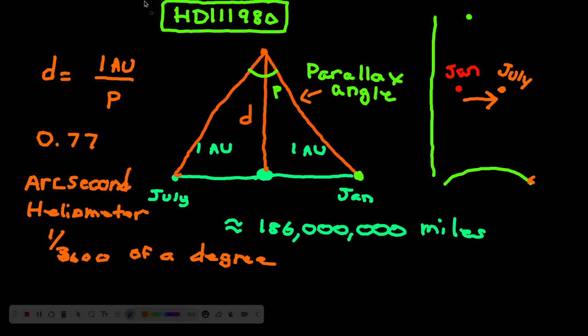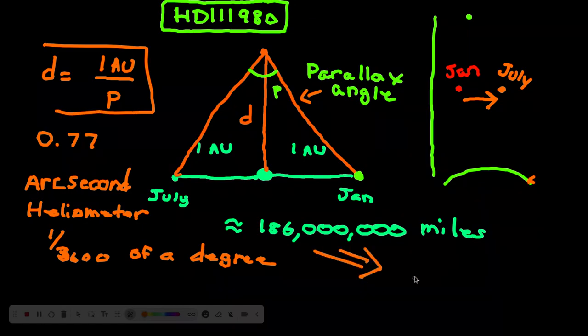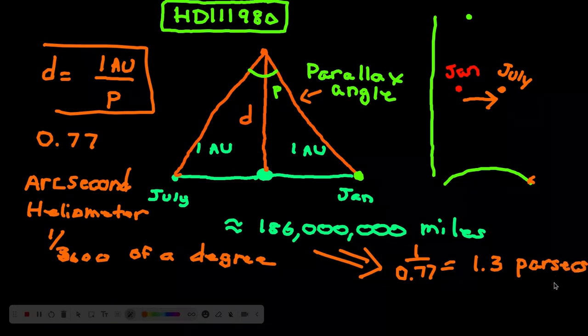All right, so let's look at this. Let's plug in everything over here, and we'll bring it down here. Follow the arrow. So if we do that, what you'll get is it's 1 divided by 0.77. 1 divided by 0.77 will give us 1.3, and it's in parsecs. 1.3 parsecs.